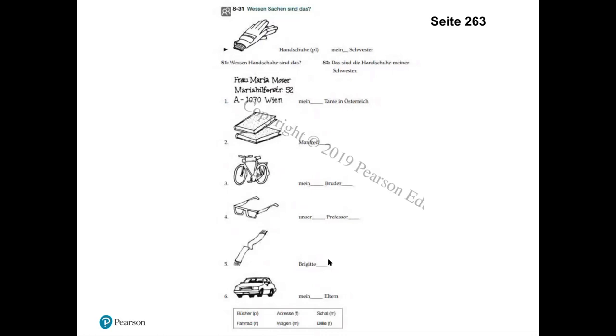So Nummer 1, unsere Frage wäre, wessen Adresse ist das? It's singular, so it's ist das instead of sind das. Das ist die Adresse meiner Tante in Österreich. That's my aunt's address in Austria.